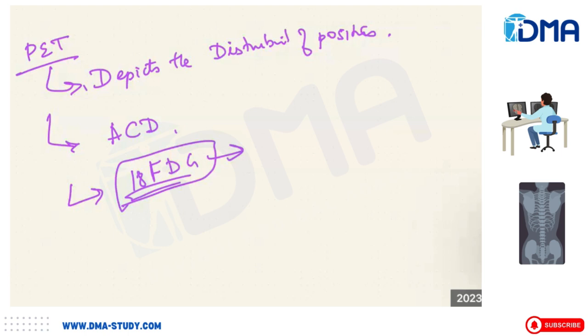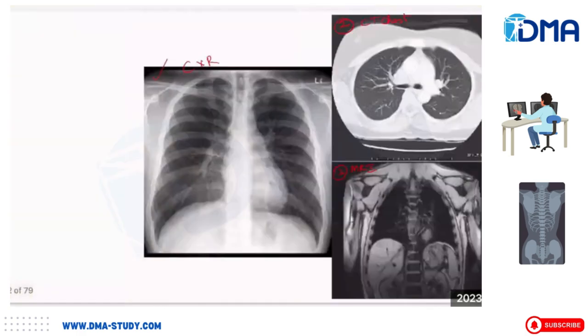Okay. And also you can give radionuclide oxygen, which will give an idea about the oxygen uptake by the cell. Then gamma cameras.